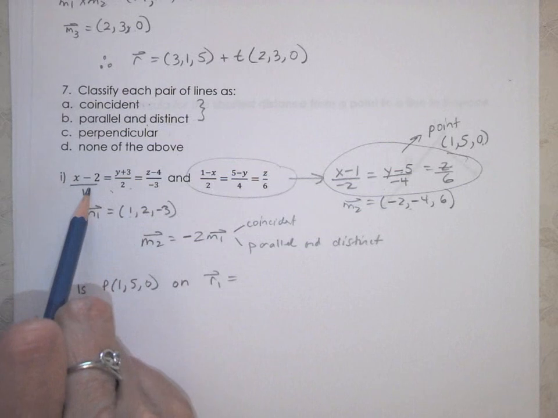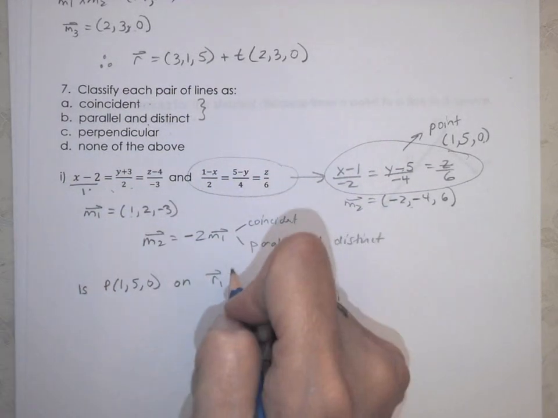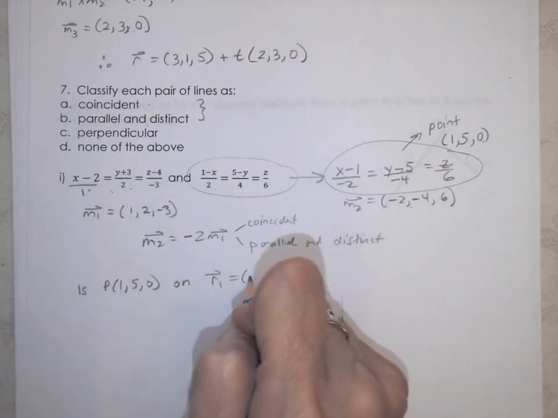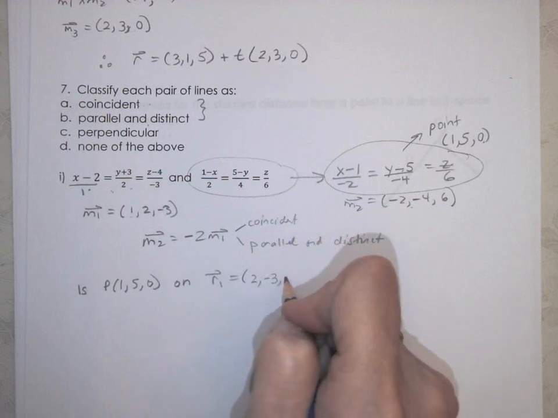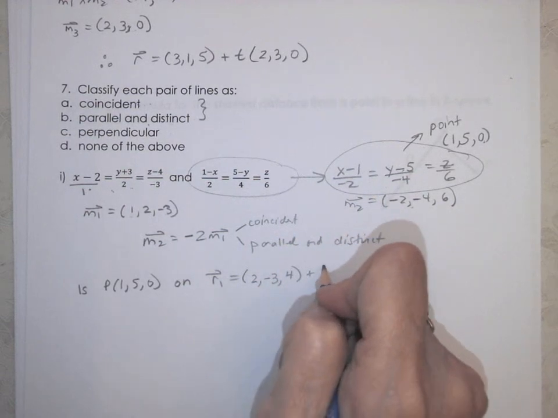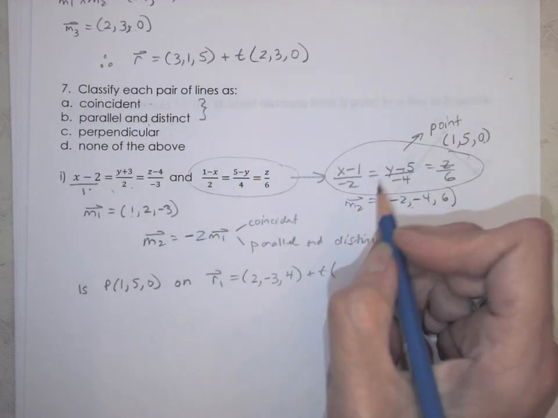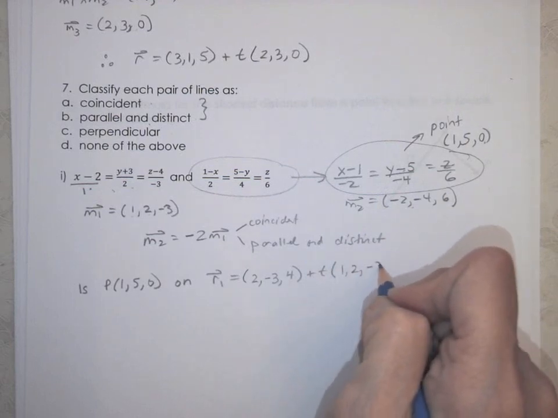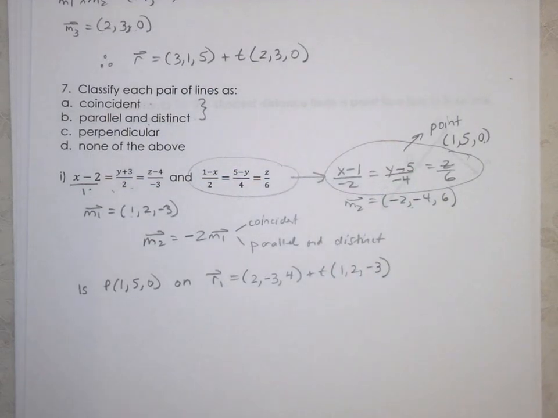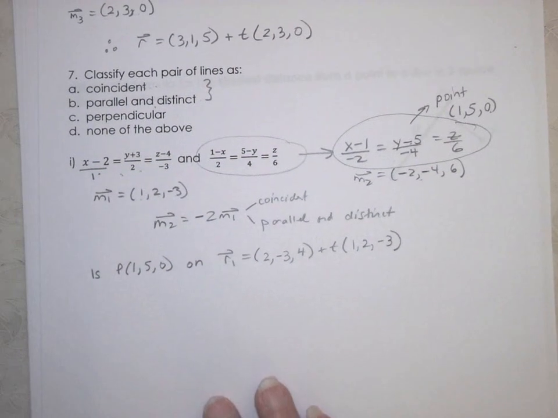And I'm going to convert this into vector form and then parametrics. So vector form here would be 2, -3, 4 plus t 1, 2, -3. And my parametrics, I'm going to split them out.